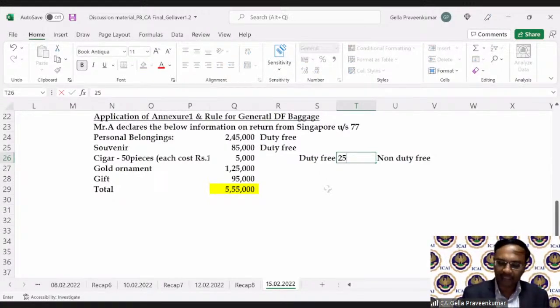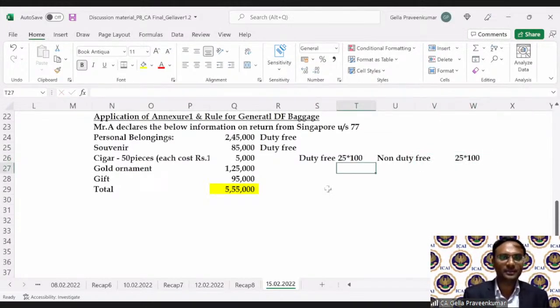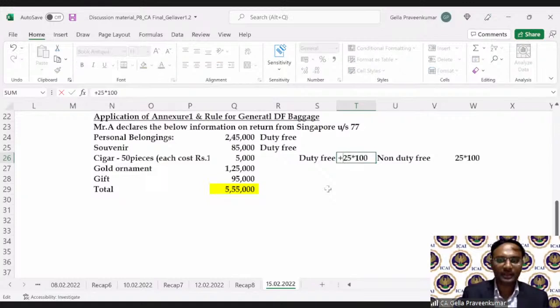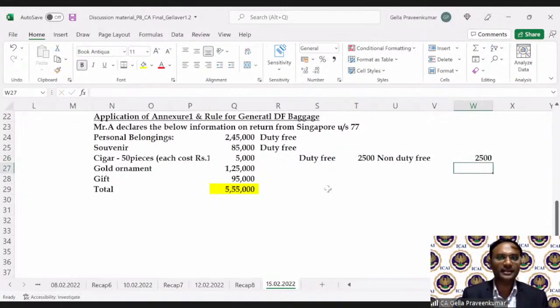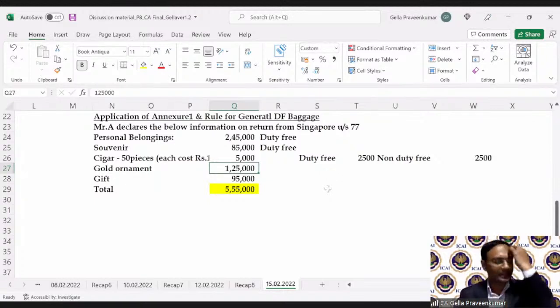So here what I'll say, 25 into 50, 100. Non-duty-free, 25 into 100. Now, I have cigar as per Annexure 1, 25, which can be permitted as per part of baggage. So this value comes to 2,500. Similarly, here this value comes to 2,500. Next, gold ornament. They say gold or silver in any form other than ornaments.